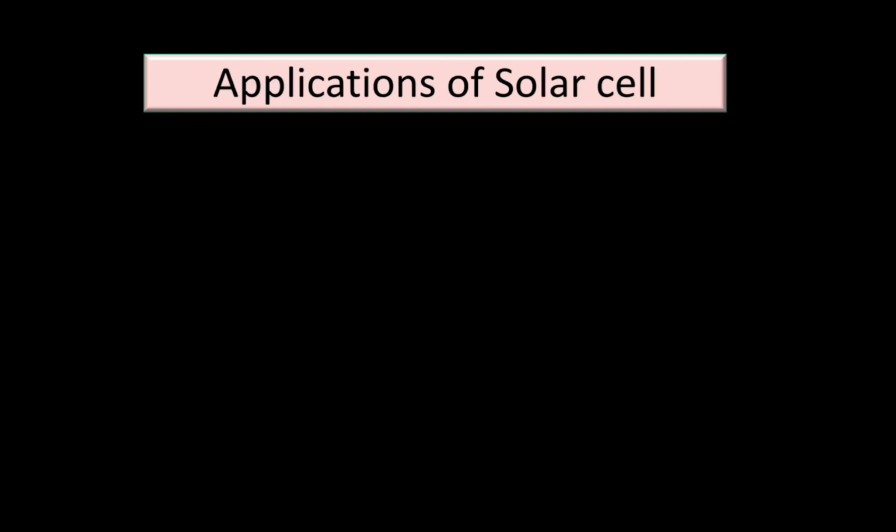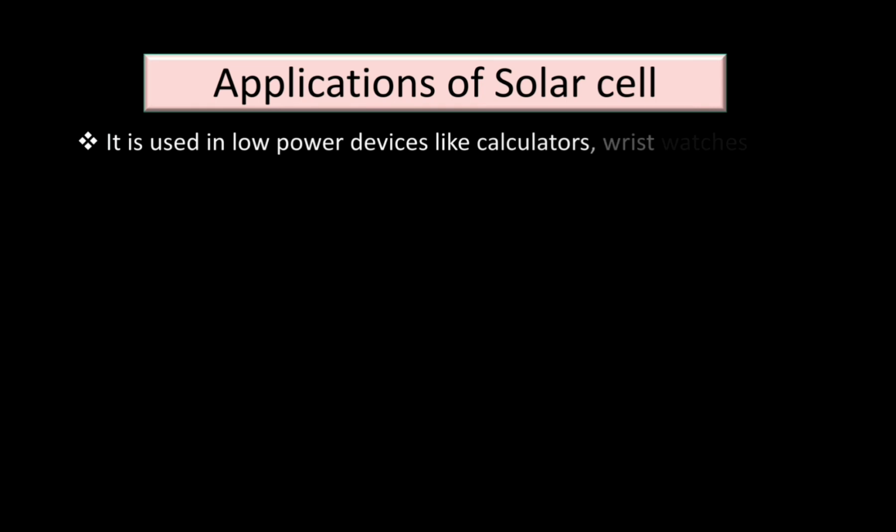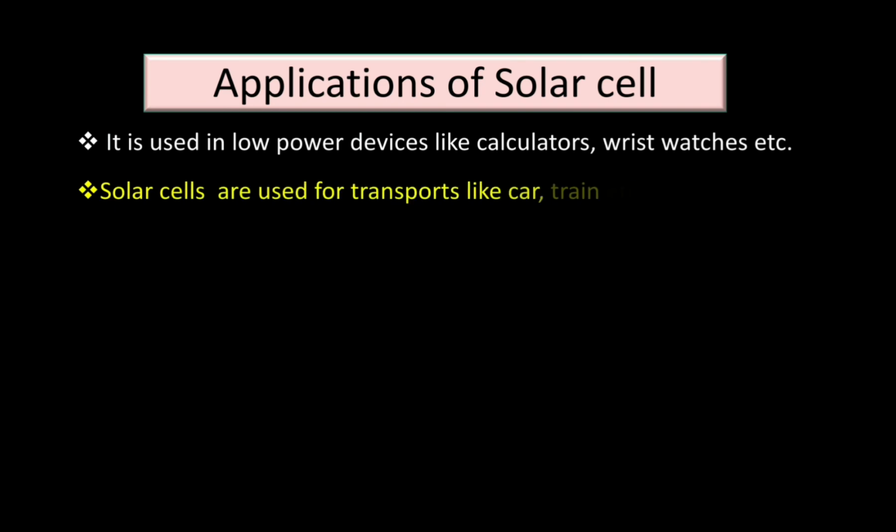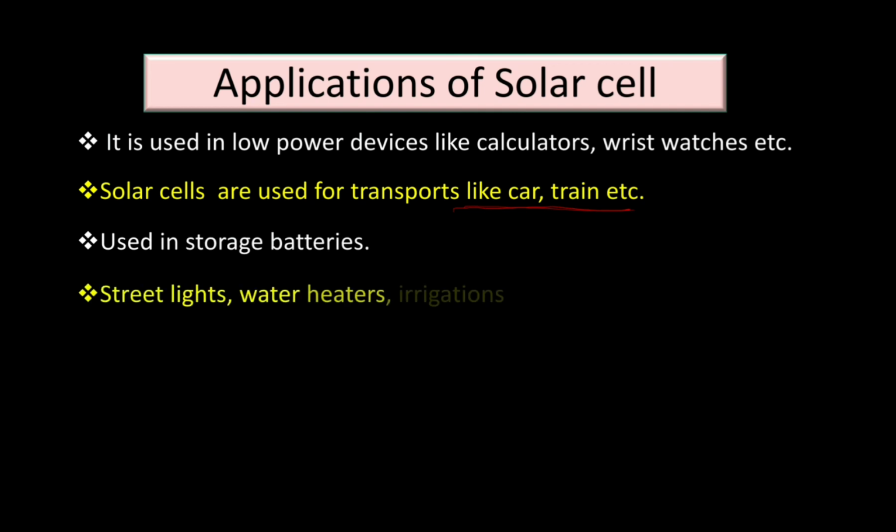Coming to applications of solar cell, it is used in low power devices like calculators, wristwatches, etc. Solar cells are used for transports like cars, trains, etc. because here we can use solar batteries to run the vehicles. It is used in storage batteries, street lights, water heaters, irrigations, etc. which are also solar powered.